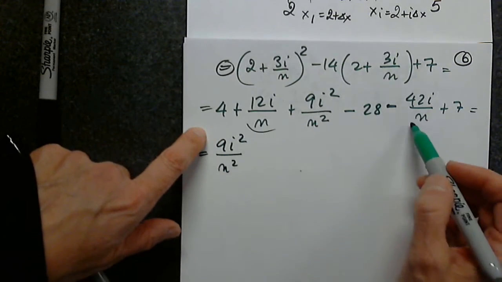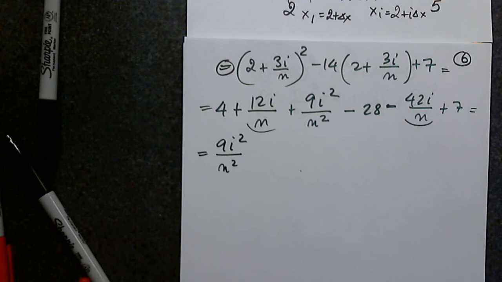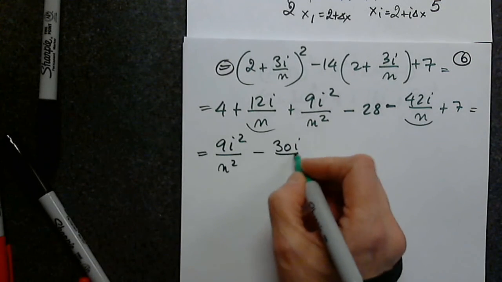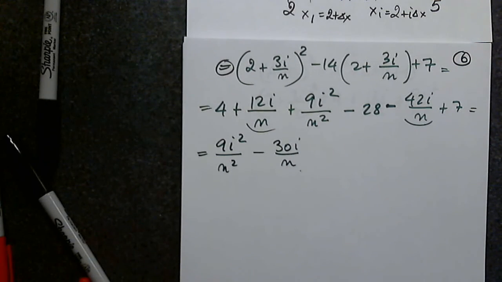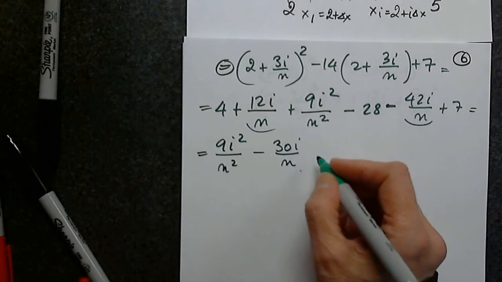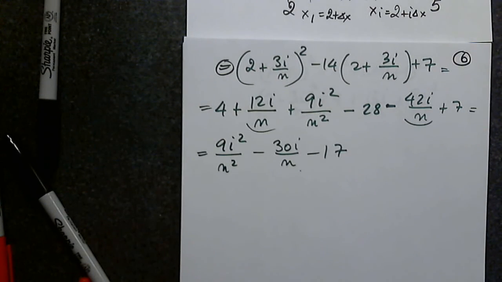Then these two, I have positive 12i over n and negative 42i over n, which is negative 30i over n. Agreed? And then I have a 4 and a 7, which is 11. Negative 28 plus 11 is negative 17. Let me know if this is okay.